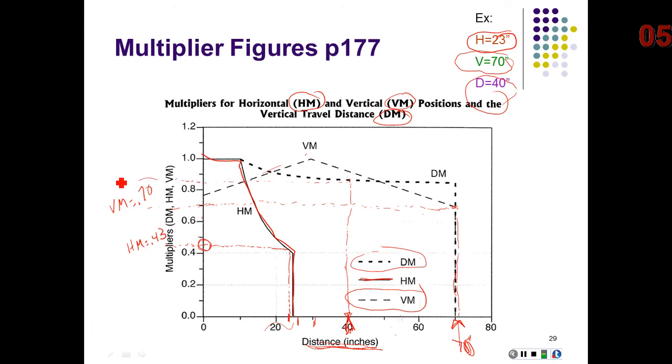I see I'm off a little bit, but our DM is approximately equal to 0.86. I've drawn a little bit less than that, but it should be about 0.86. So that'll be your three multipliers, and you can see that once you get a little bit of practice, you can do this very, very quickly. So that takes care of HM, VM, DM.